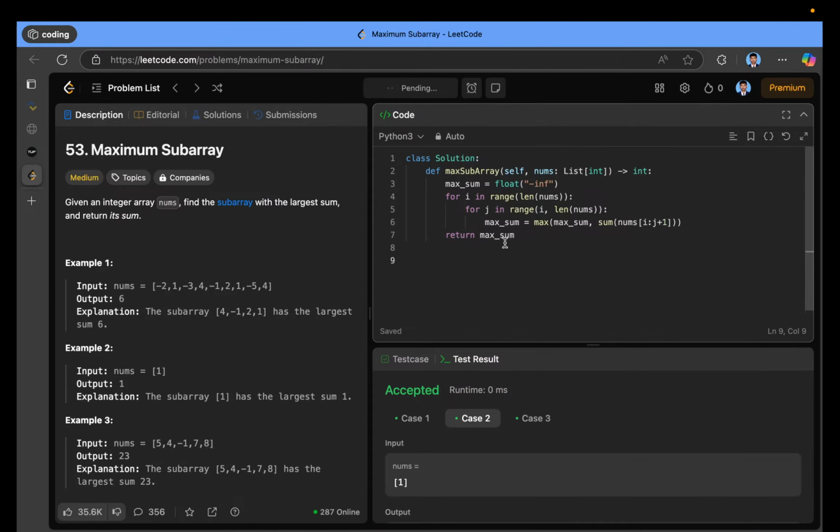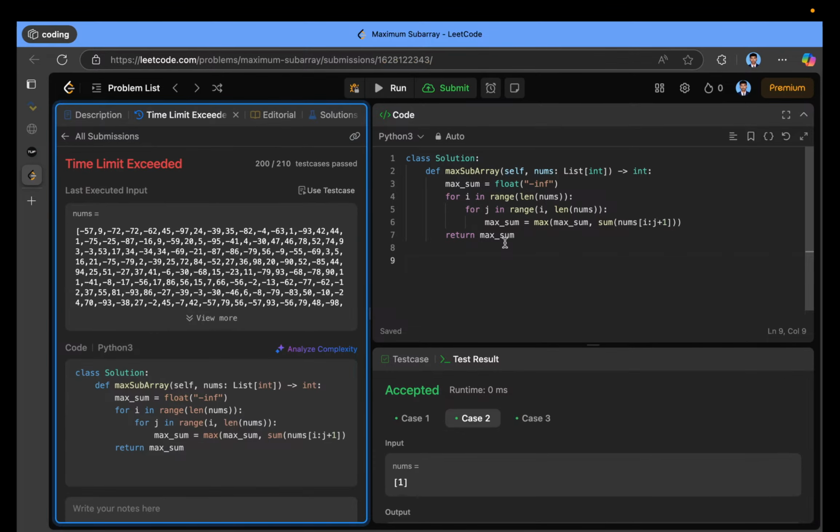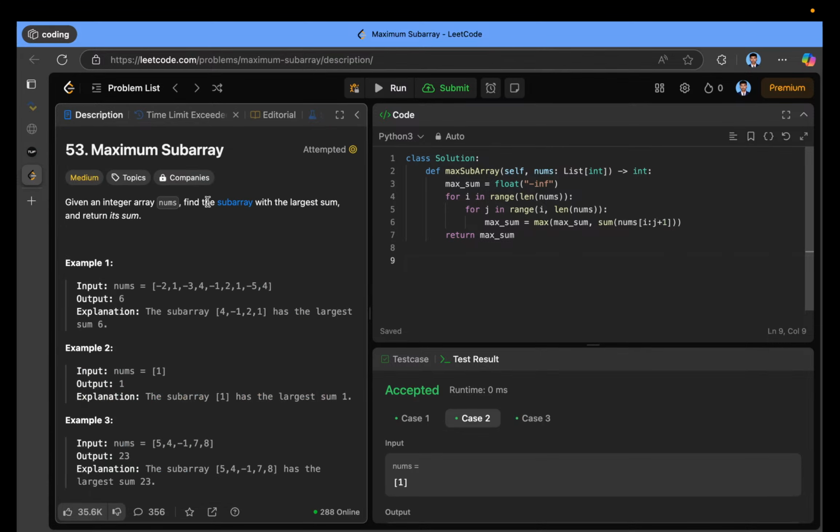I know this is not going to work, but let's submit. Only 11 test cases don't work. Ah, it's okay. No problem. Let's find another solution that can work.